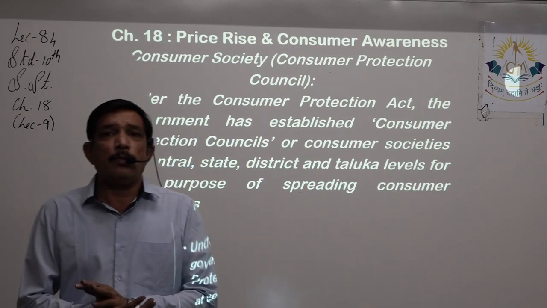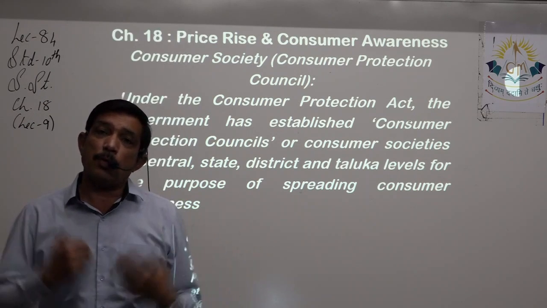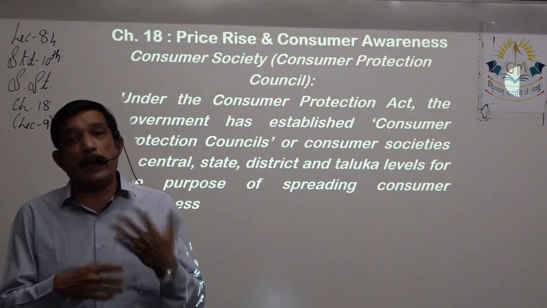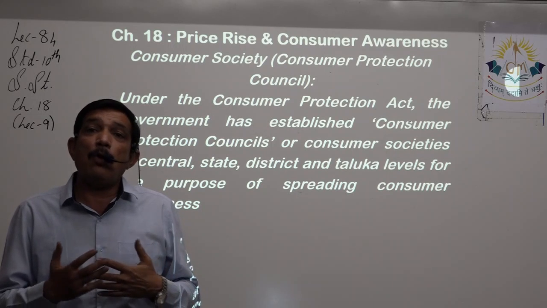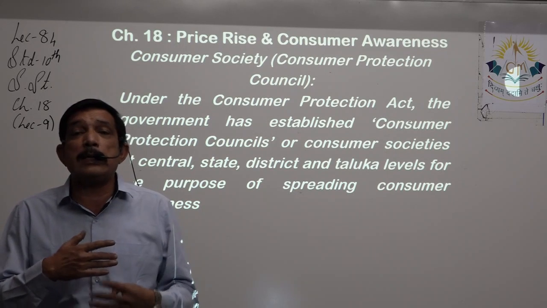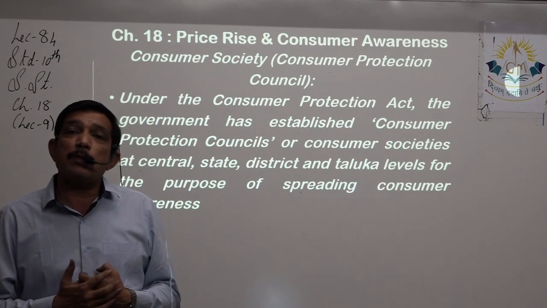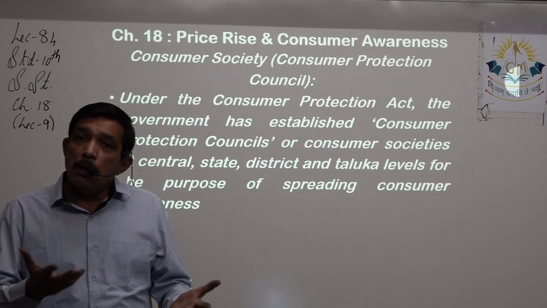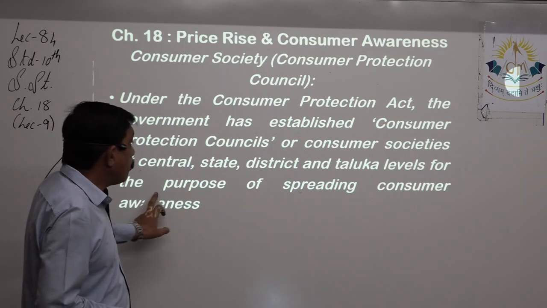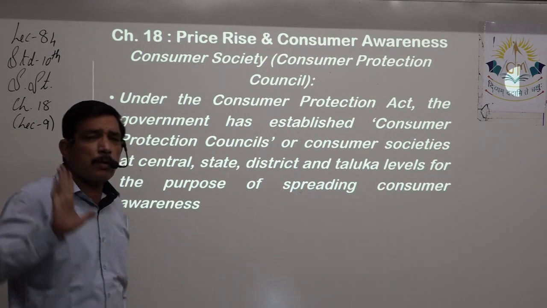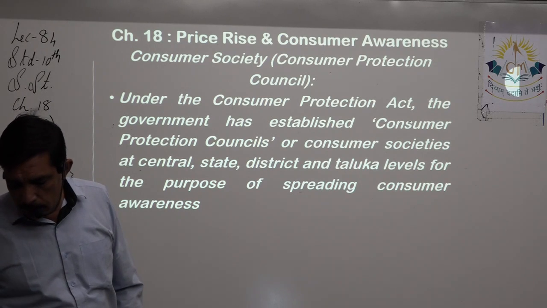Yes, so that more and more people become aware, more and more people approach the courts or the councils, and they come to seek guidance about the exploitation, so that the government can have more transparency, it can have more rules and regulations, because new cases keep on coming up and the government comes to know this is how the consumer or the citizen of the country is exploited. So the purpose is spreading consumer awareness. The only purpose of these councils is to spread consumer awareness.